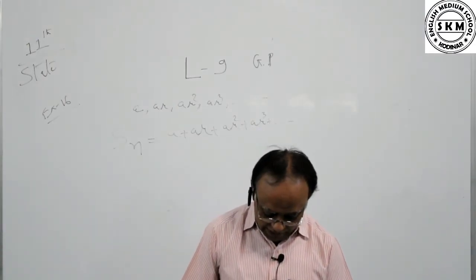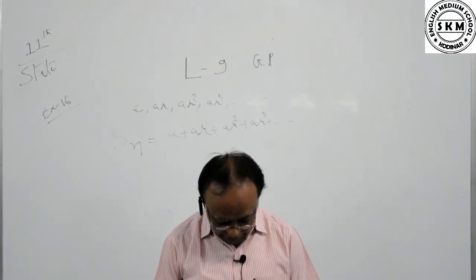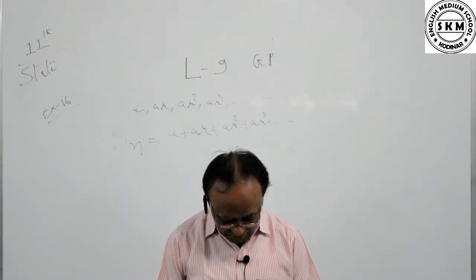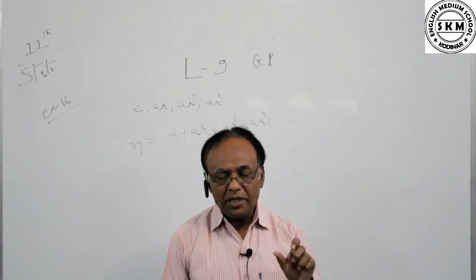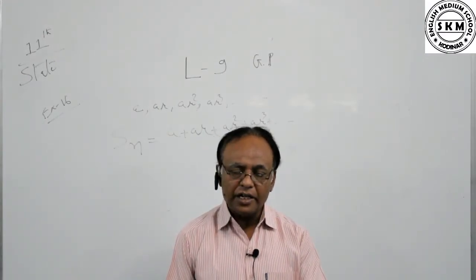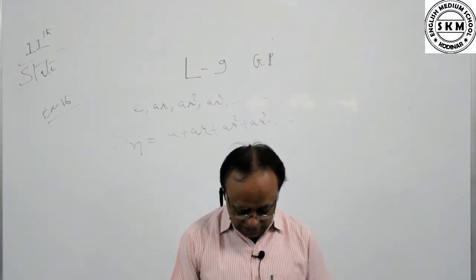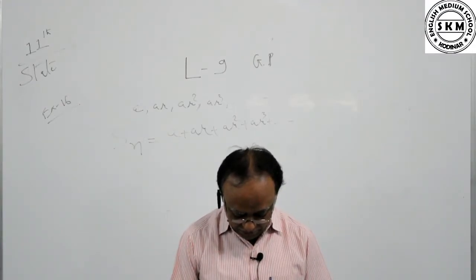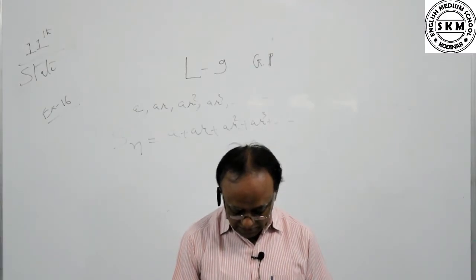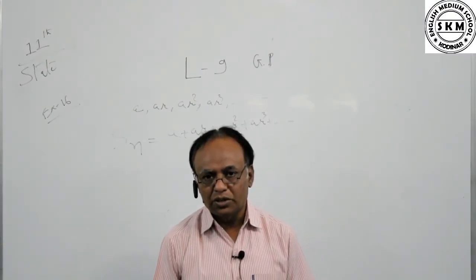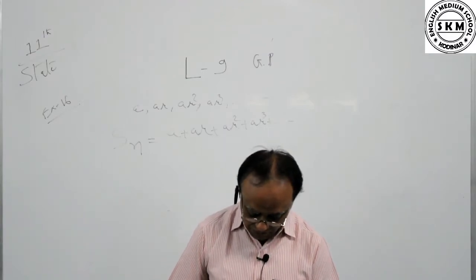The second formula: Tn plus 1 is equal to Sn plus 1 minus Sn, where the sum is given and we want to convert it into terms, where n is equal to 1, 2, 3. All these formulas are already given on your page number 285.